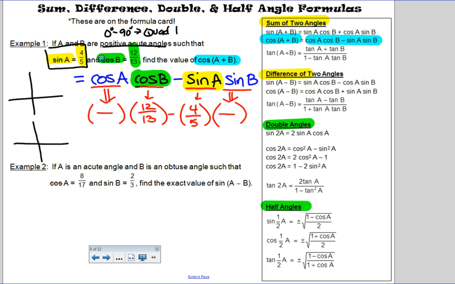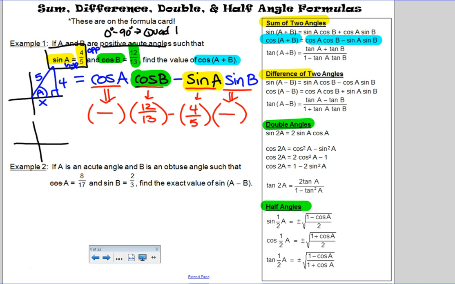Okay, so the A angle. We know that it's in quadrant 1, so I'm just going to draw any triangle. And the A angle is always in the pocket of that triangle. We know that the sine value is 4/5, so that's the opposite side over the hypotenuse. So we now know that the O side is 4, and the H side is 5, and we're missing this side.